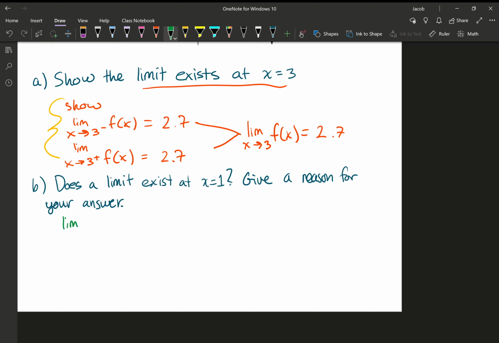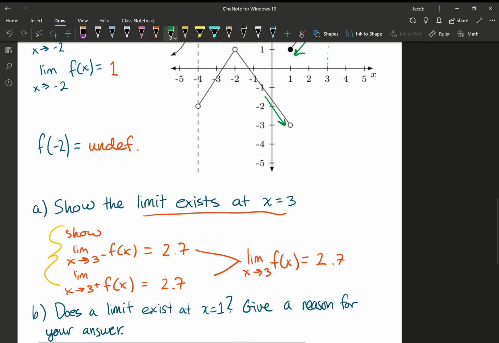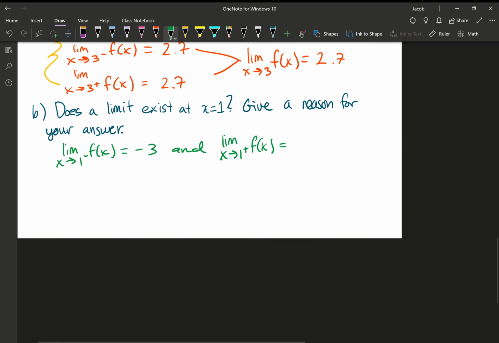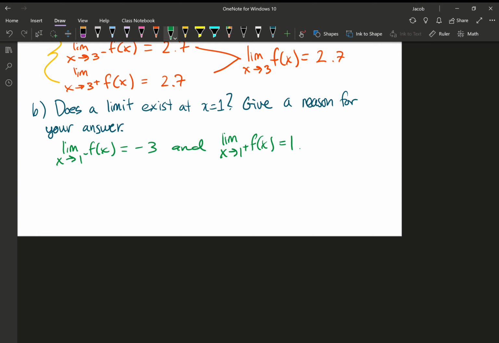I'm going to say the limit as x approaches 1 from the left on our function is equal to -3, and the limit as x approaches 1 from the right of f of x is equal to 1. -3 does not equal 1, of course, so the limit doesn't exist.